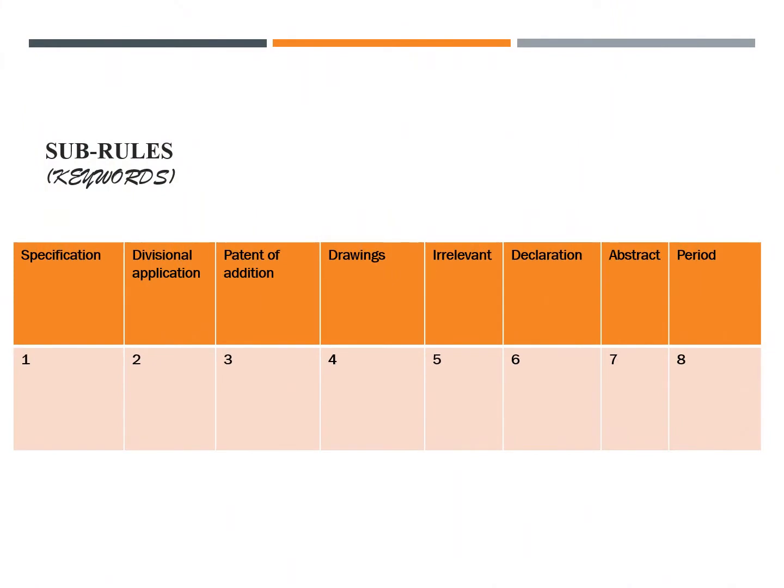Here rule 13 has 8 sub rules, and I have written some keywords here so that it will be easier for us to memorize the things. That means when we utter a particular keyword, automatically we can recall that this keyword comes from this sub rule of that particular rule, right?